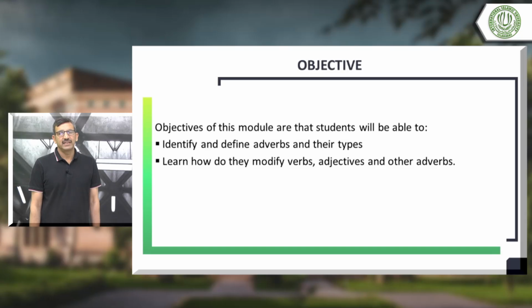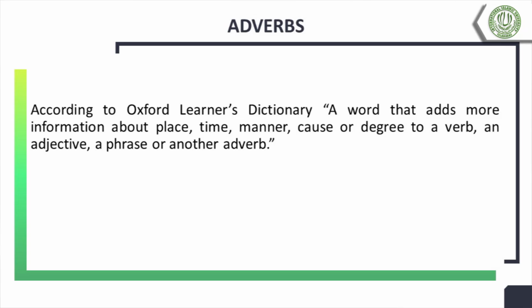Now let us start with another part of speech, that is adverb. The main objectives of this session are that students will be able to identify adverbs, their types and usage. They would also be able to modify verbs, adjectives and other adverbs.